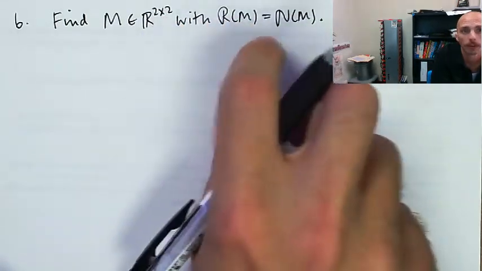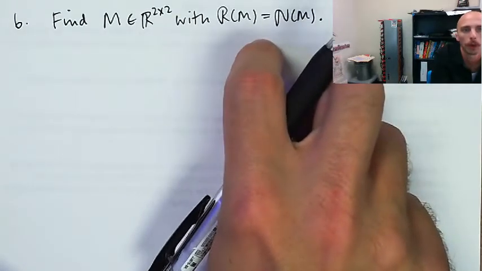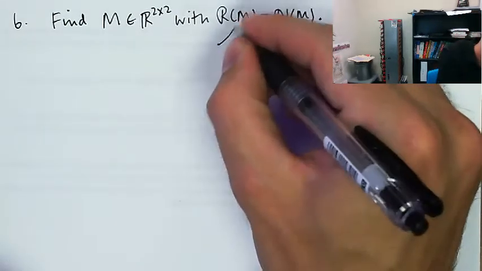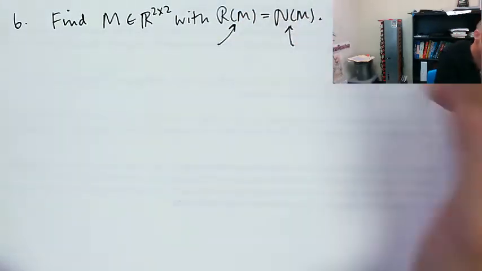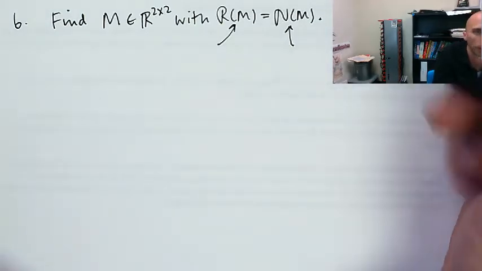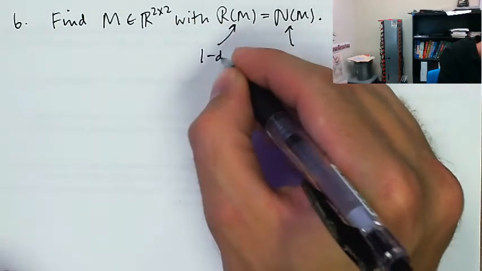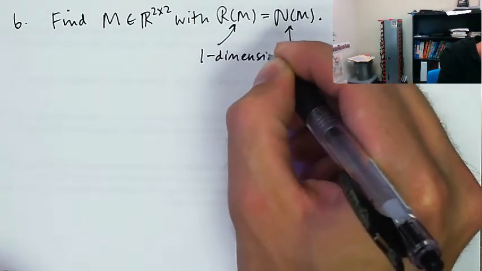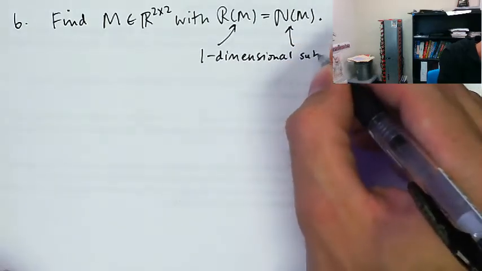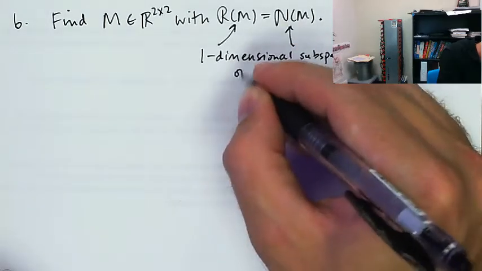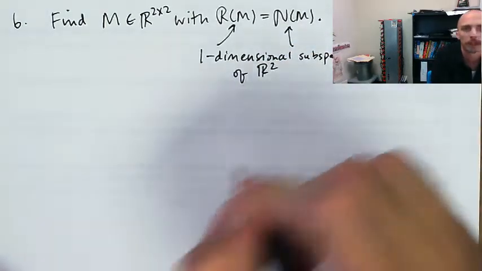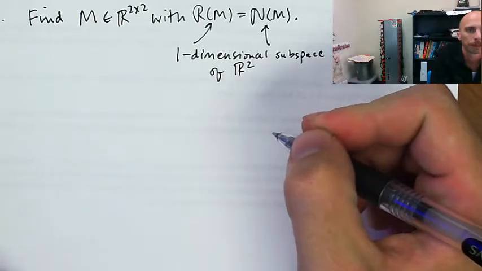Since it's a 2x2 matrix, the rank and the nullity are both 1. So they need to be the same one-dimensional subspace, because of the rank-nullity theorem.